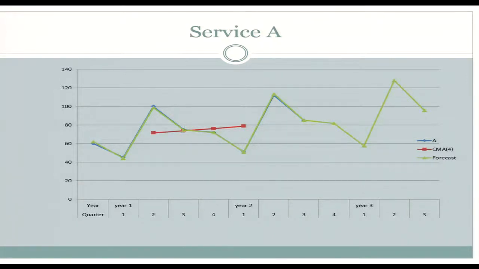but I divided by quarter, like 1, 2, 3, 4, year 1 and year 2, and I got the moving average, and after that I calculated the central moving average. The red line is the central moving average.